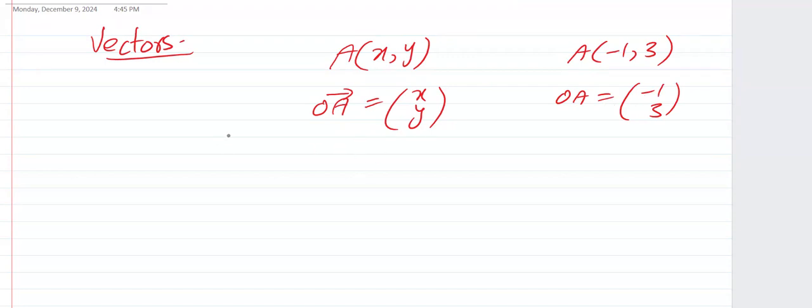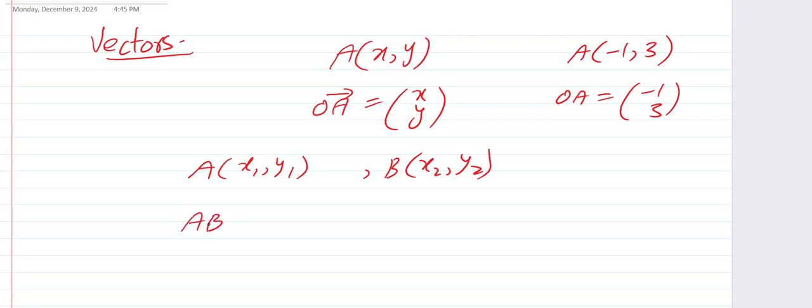And if we have the coordinates of two points, let's say I have a point A with coordinates x1, y1, and B has the coordinates x2, y2. The AB vector can be written in this form: OB vector minus OA vector, like the later point's position vector minus the first point's position vector.